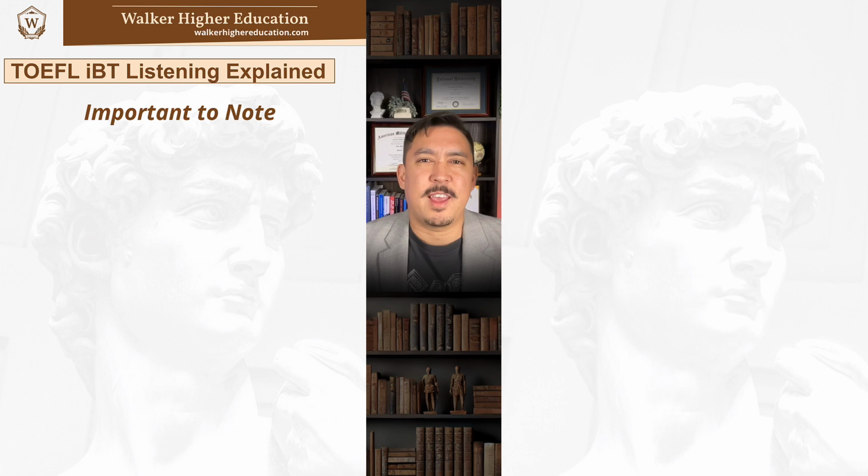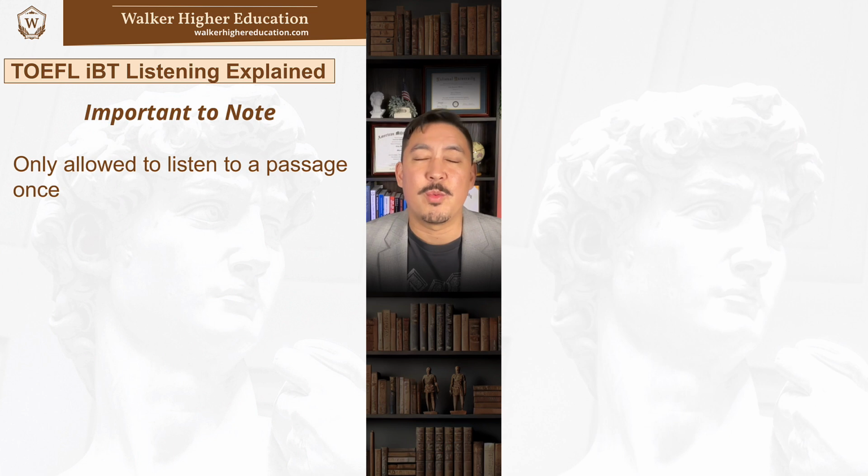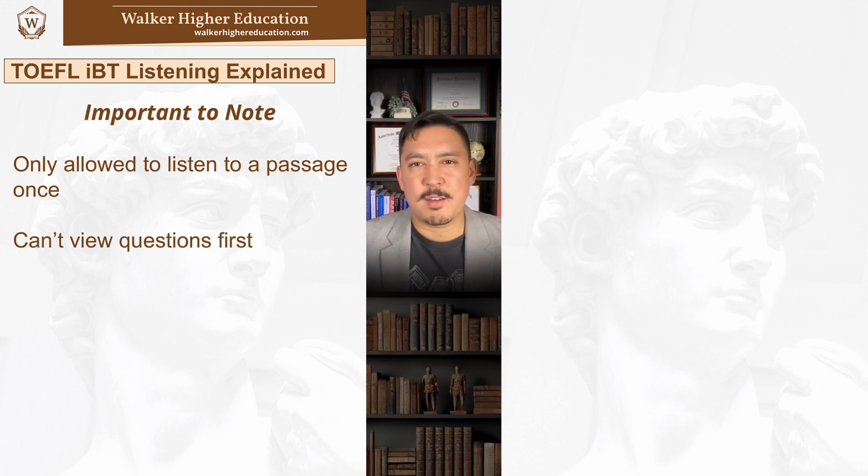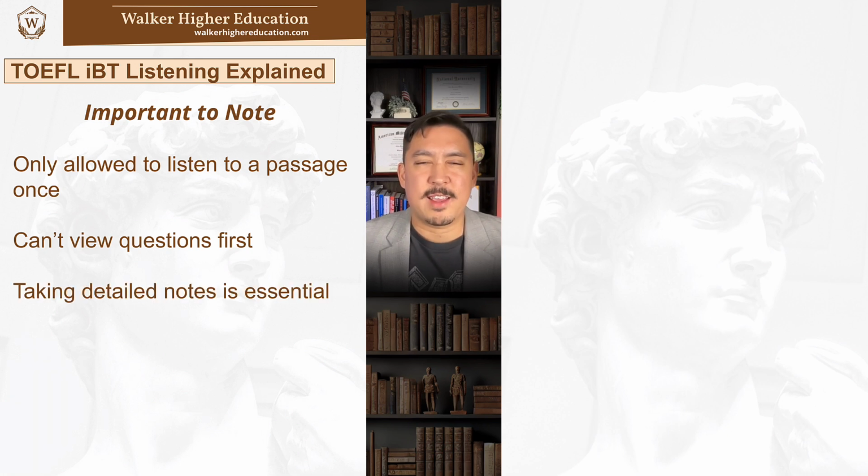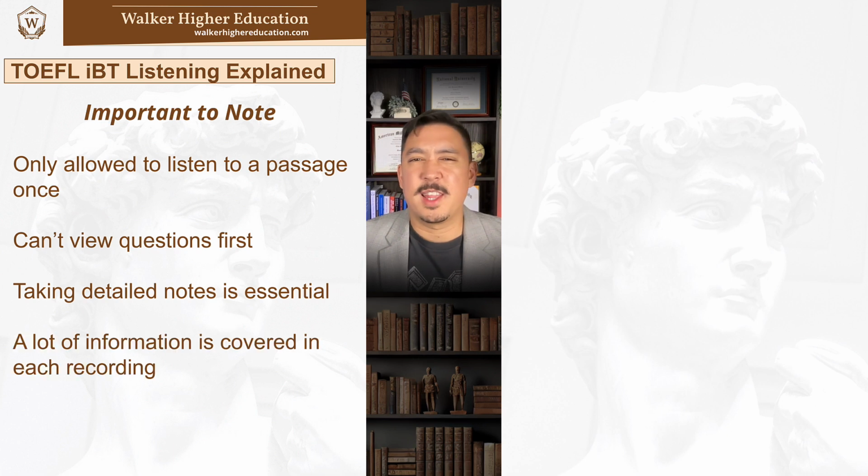Before we dive into the 8 question types, it's important to remember that on the test, you're only allowed to listen to a passage once. Furthermore, you can't view the questions before listening to a passage. That means it's extremely important that you take detailed notes for each passage, because a lot of information can be covered in a 3-minute conversation or especially in a 5-minute academic lecture.